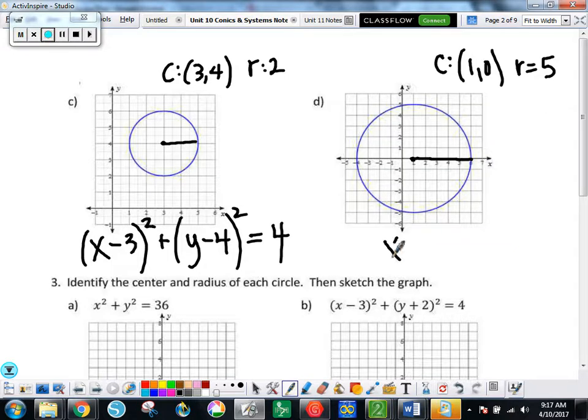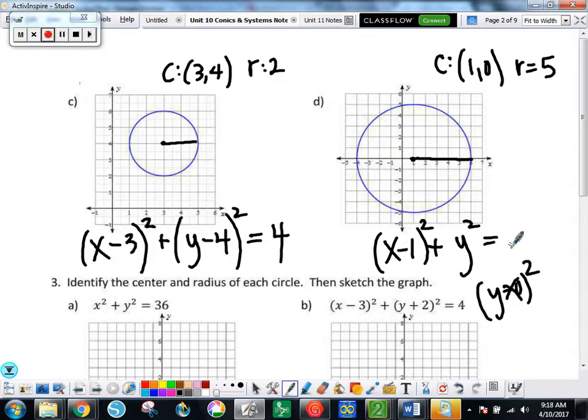Alright, so x minus 1 squared plus y squared. I could say y minus 0 squared, but that minus 0 is unnecessary, so I'm just going to say y squared equals 25.